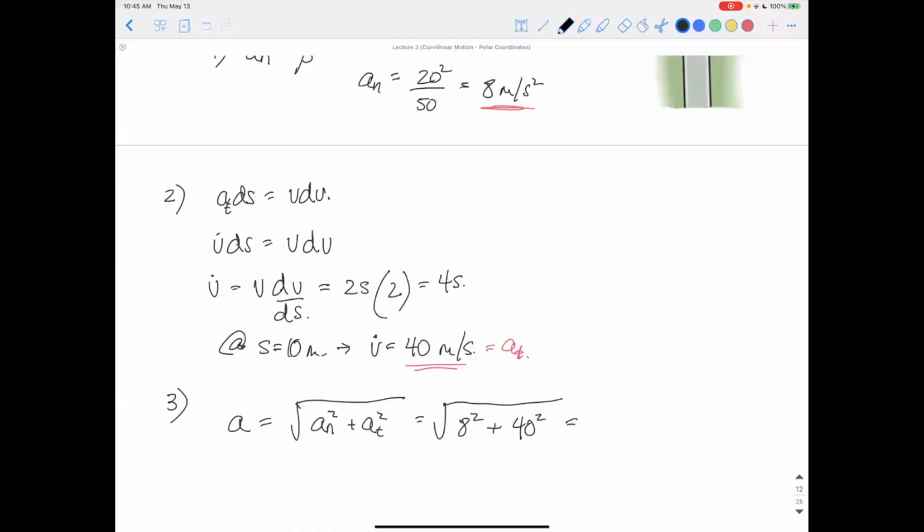Can I ask a question? Yeah. Why can't we, since at is equal to v dot, do the derivative of 2s to get at? Why doesn't that work? Because wouldn't that be v dot? Let me write.